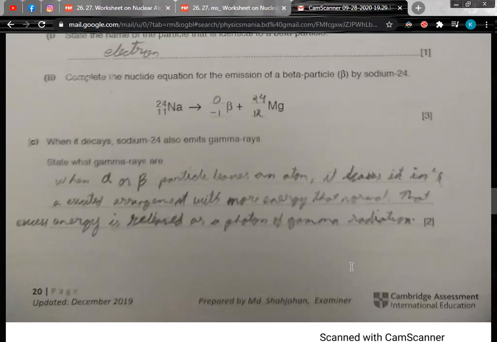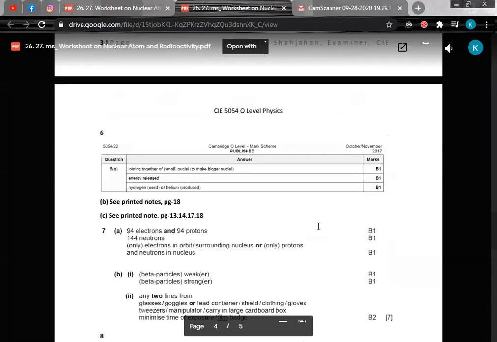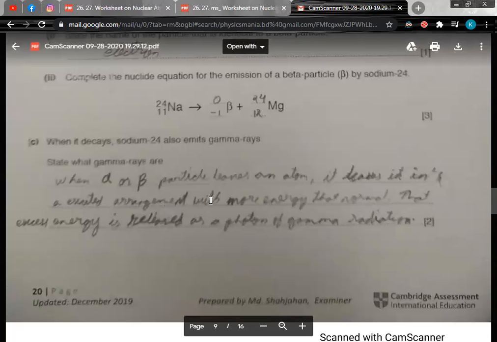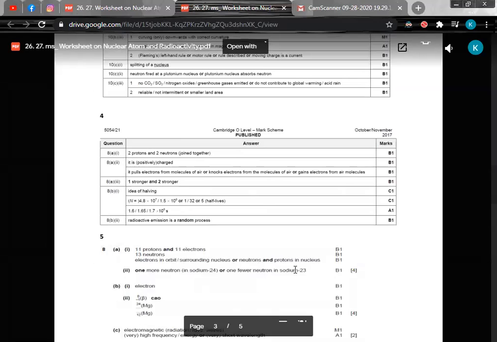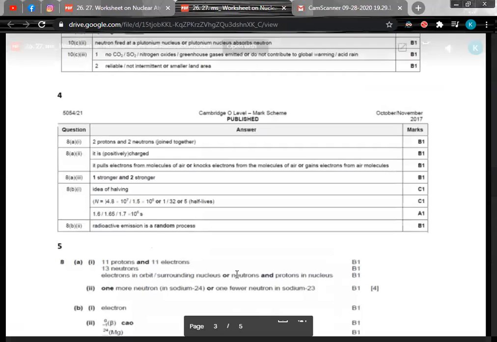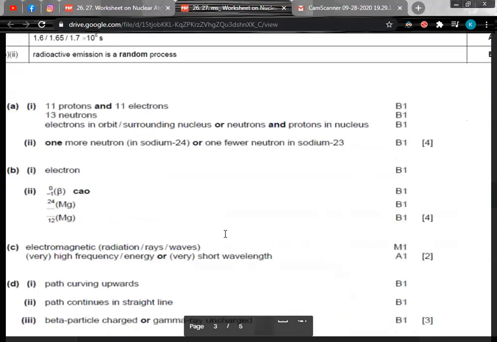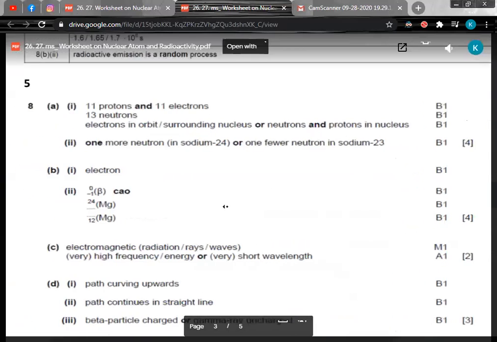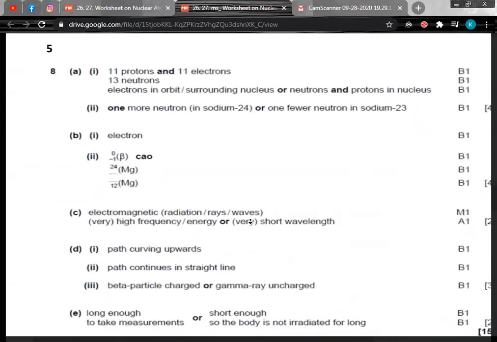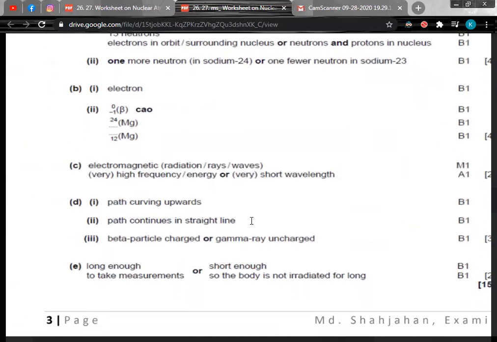Can you check what the mark scheme says? Question number 5 we are going, right? Yes, look here.